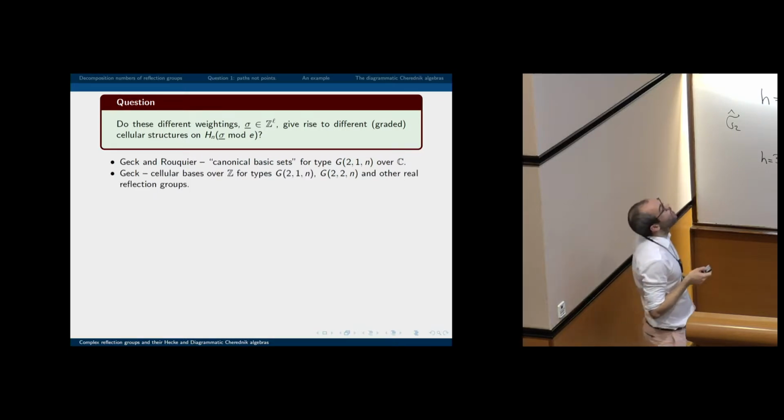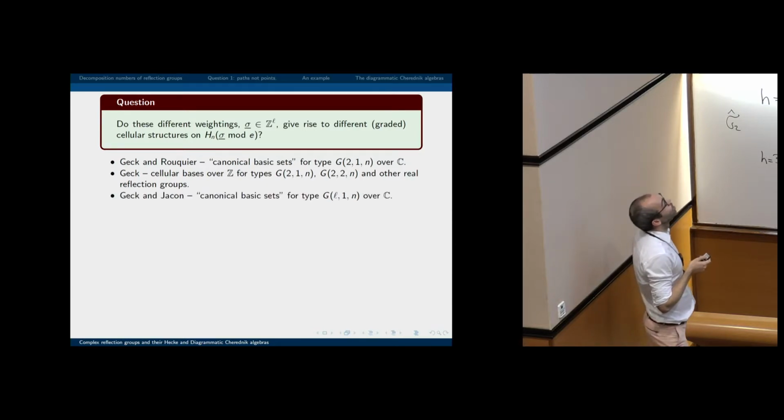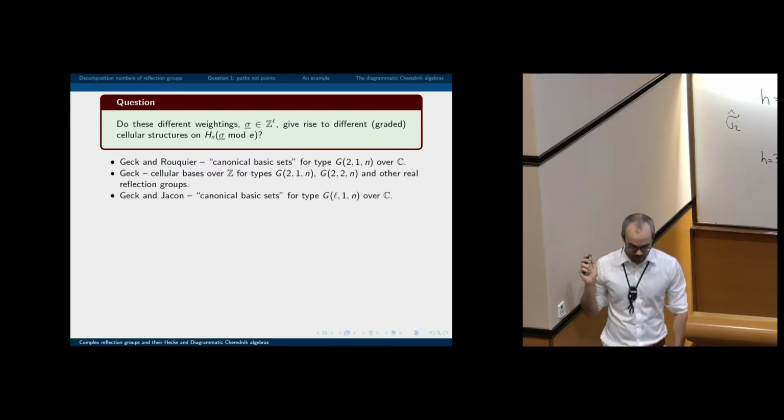Then Geck constructed cellular bases. So he actually answered this very question over the integers in level 2, in types B and D, and he did this for all real reflection groups. Then Geck and Jacon wrote a book, and they did the canonical basic sets for type G(l,1,n). I didn't tell you what a canonical basic set is.